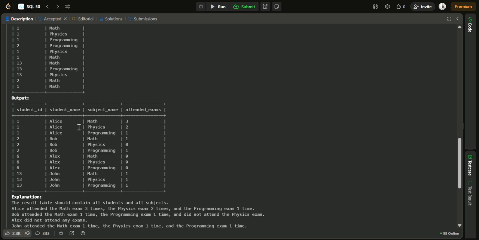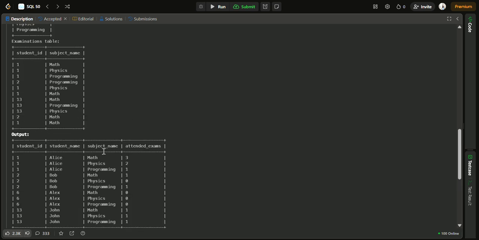where we have student ID, student name, subject name, and attended exam. So attended exam, if the student has attended at least once, it will come in this particular table, which is examination table. But if the student has not taken exam of this particular subject even once, this entry will not be here. So for them, it will be 0.